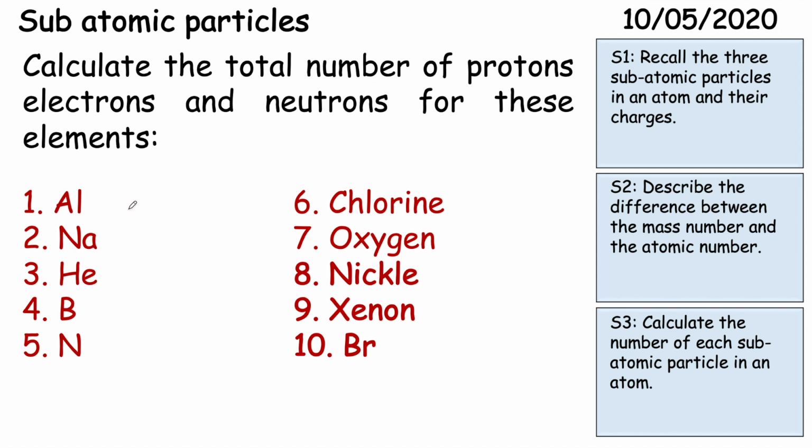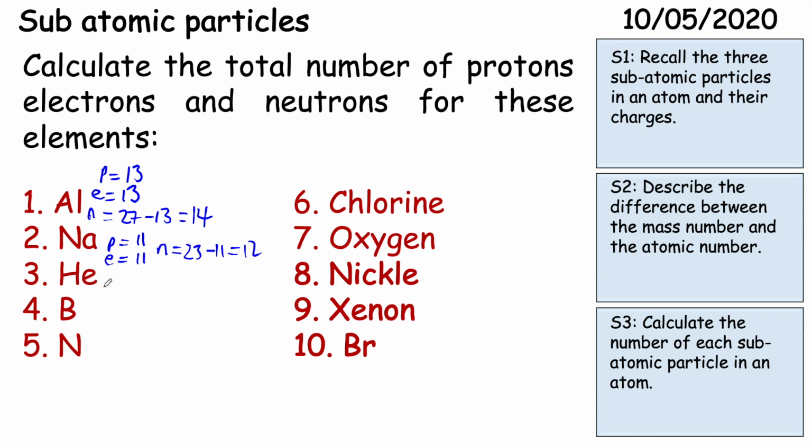Aluminium, it has 13 protons, 13 electrons, because they have to be the same, and then its neutrons is 27 minus 13, which equals 14. The next one, sodium. Sodium is protons equals 11, electrons equal 11, and its neutrons equal 23 minus 11, which is 12.